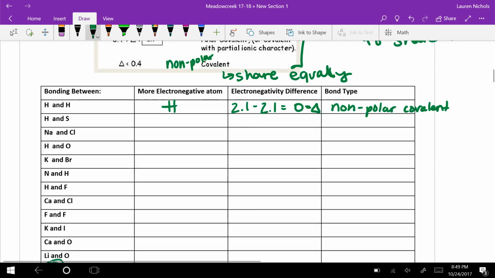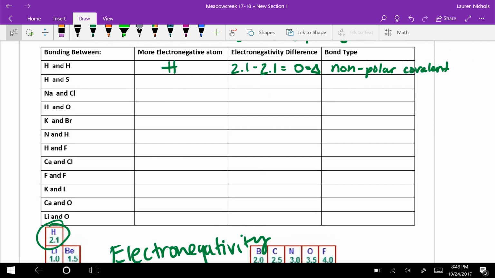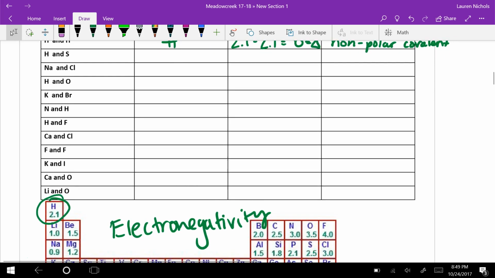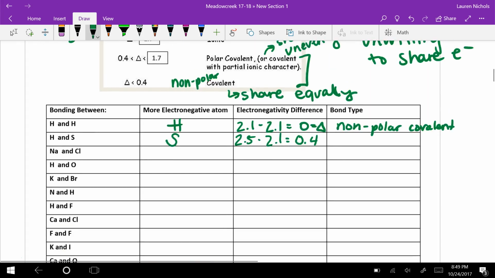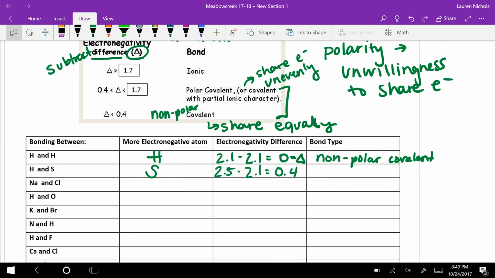So if we come back down to the next one, hydrogen and sulfur, we look and we see, okay, sulfur is 2.5, hydrogen is 2.1, so sulfur is going to be the most electronegative, and so we'll start with that. 2.5 minus 2.1 is going to give us 0.4. And if we look at our chart, 0.4, which I guess we need to amend this.